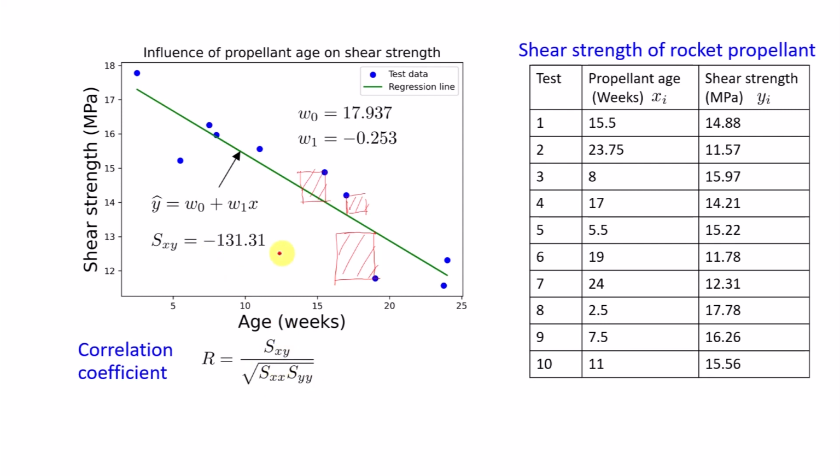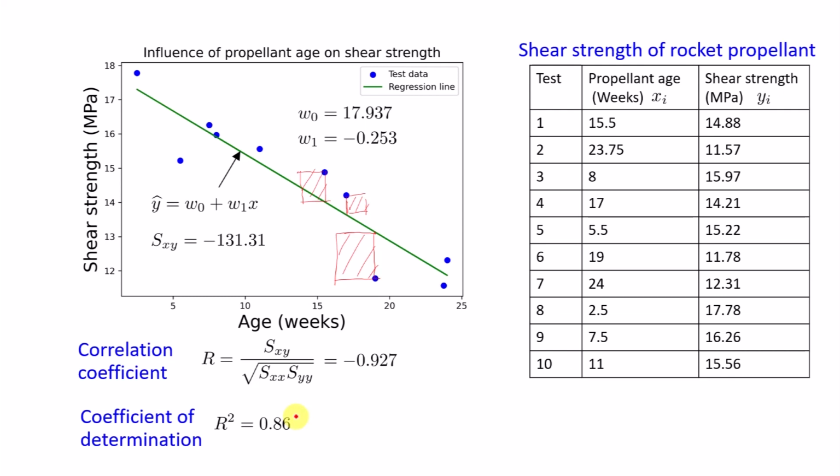Sxy, we have already seen that this is negative, therefore r is going to be negative, which is minus 0.927, and r square is simply the square of this minus 0.927, so it will give us 0.86. Is it good or is it bad? That is for you to decide, or for the user to decide. The calculation will not tell us anything.